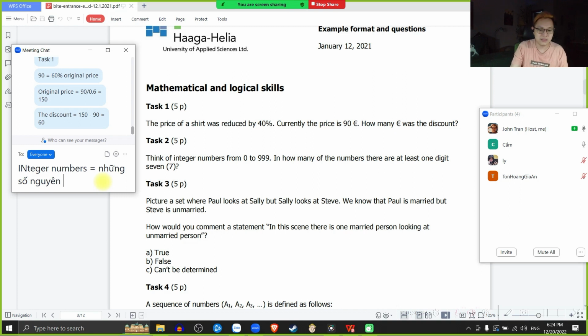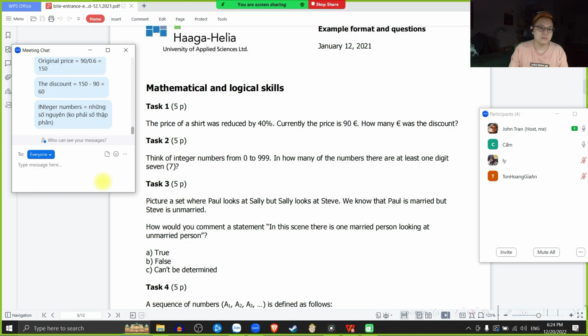Những số nguyên tức là không phải số thập phân. Từ số 0 đến 999. In how many of the numbers there are at least one digit 7? Trong có bao nhiêu con số nó có ít nhất là một con số 7 trong đó? At least one digit 7.